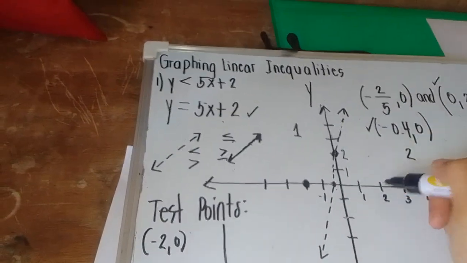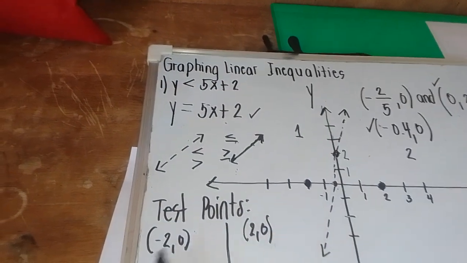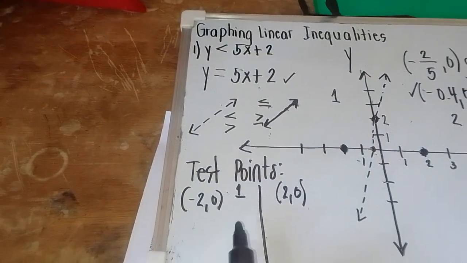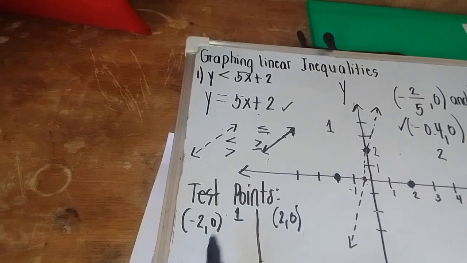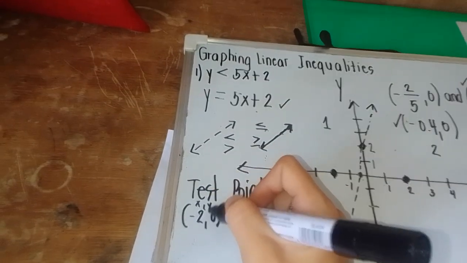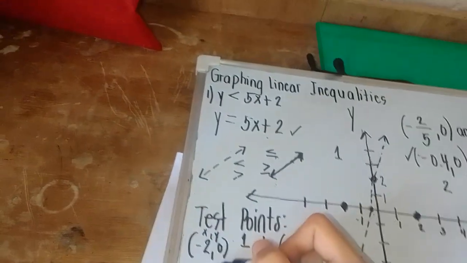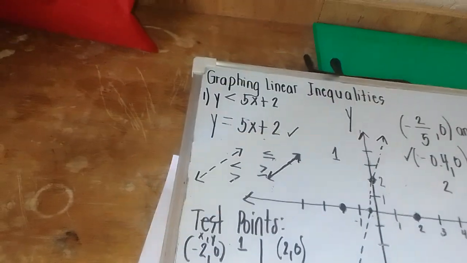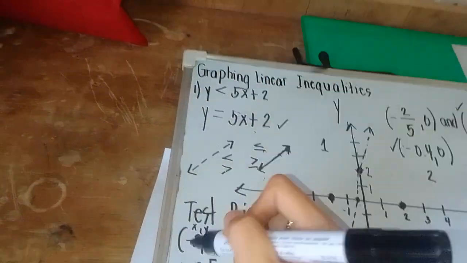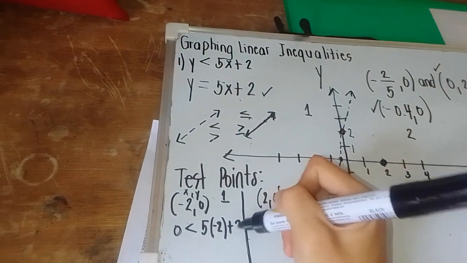For region 2, take for example this point, (2, 0). Now, we try each ordered pair, substituting the sample ordered pair into the given linear inequality. We have (x, y), so substitute: y is 0, less than (not an equal sign, since the given is an inequality), 5 times x, which is negative 2, plus 2.